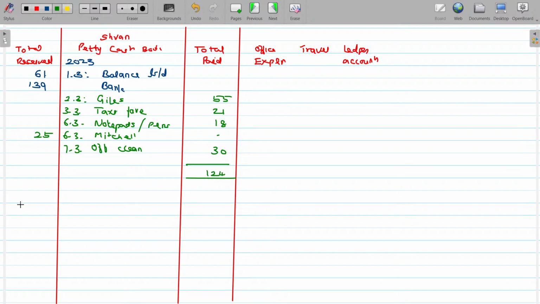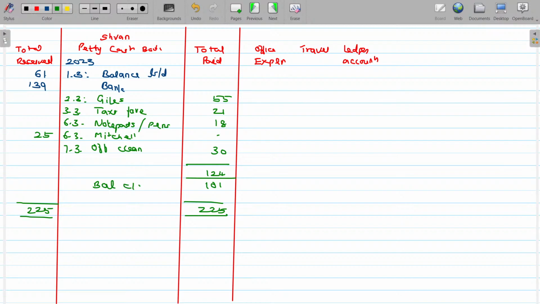And the overall total while tallying, you will get 225 in the total received column, and you have only 124 spent here. The difference between these two, 101, is the total spending net of return. This 101 you have to bring from your main cashier. So this is the balance.